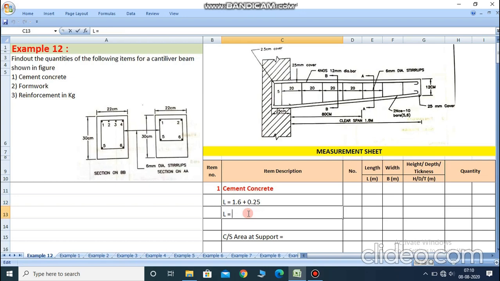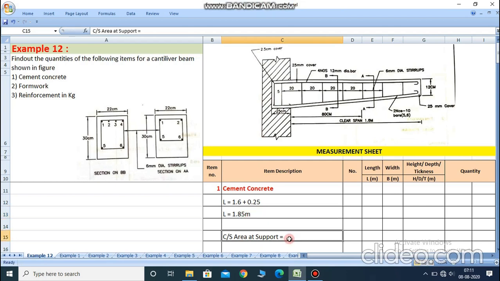So the total length is the summation of 1.6 plus 0.25, which is 1.85 meter.